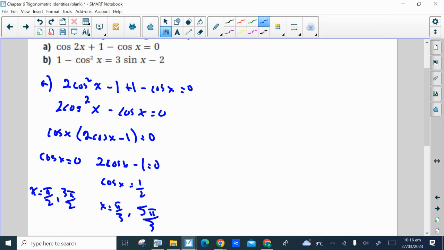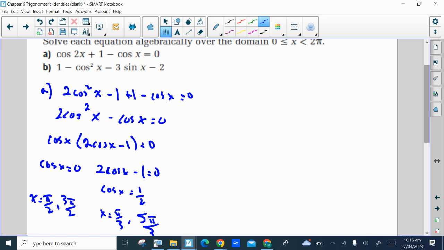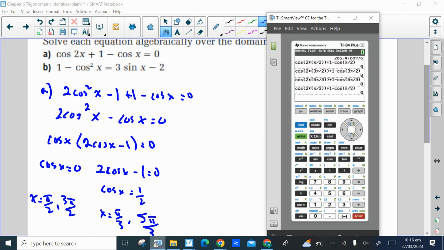Okay, so we checked all 4 of our answers there. You could also do it graphically, and this could be used because you'll be able to check and make sure you didn't miss any, right? So if we look at what the graph would look like, we put that equation in there, the cosine of 2x plus 1 minus cosine of x, right?